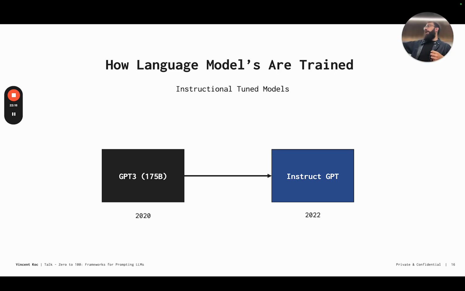So the models were available, but what was missing was that these models were only trained in language. They were really good at generally comprehending language, but they just weren't that perfect for having conversations with. So the next step was, once these models were really good at understanding language, to train them in having conversations.